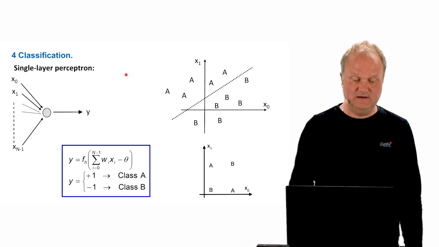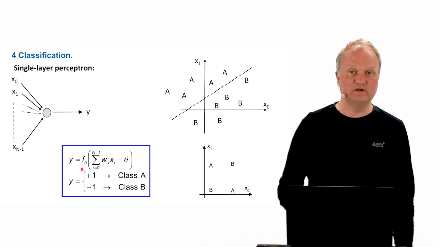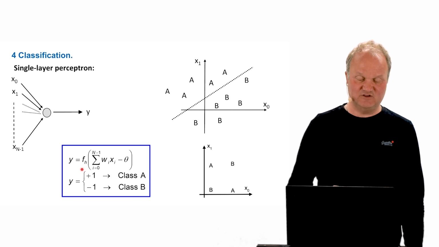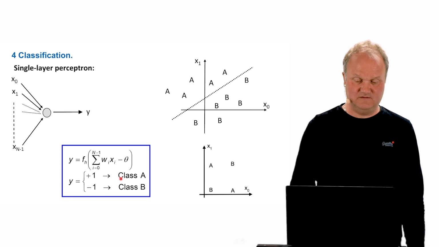This output is calculated by taking each component of the input vector, multiplying it with the corresponding weighting value, subtracting a bias, summing all this up, and putting it to a thresholding function, usually an S-shaped function, which allows you to classify the input into the two classes.